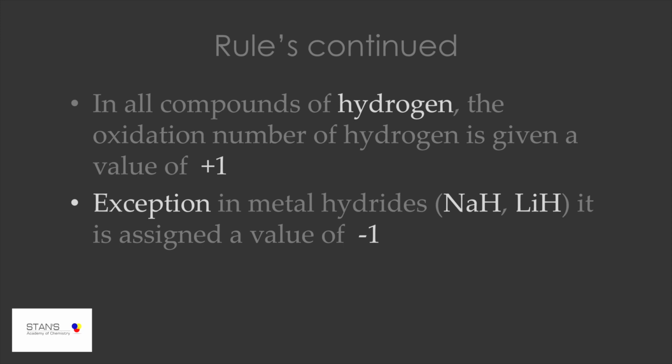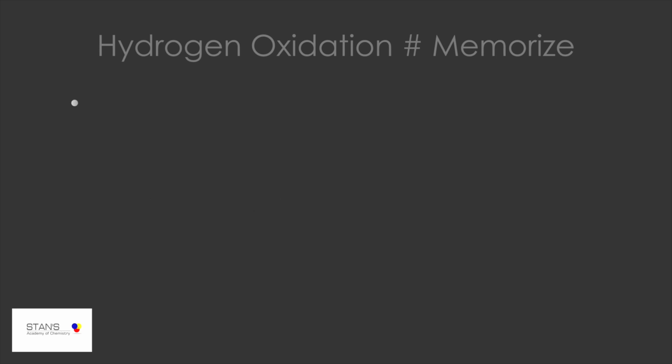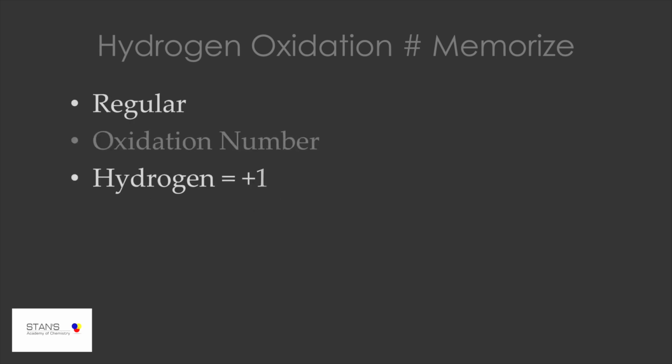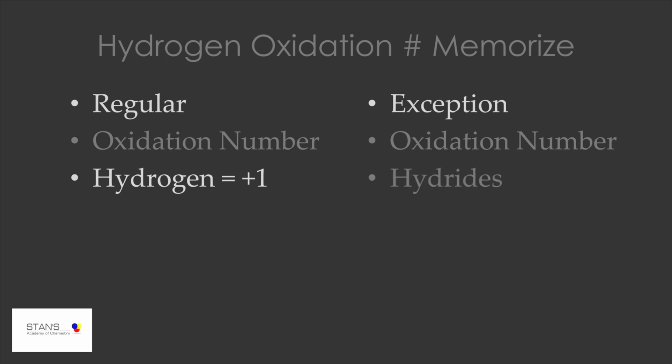So, in exceptional circumstances like metal hydrides, hydrogen will have an oxidation number of -1. The regular oxidation number for hydrogen is +1. The exceptional oxidation number is in metal hydrides and the value is -1.